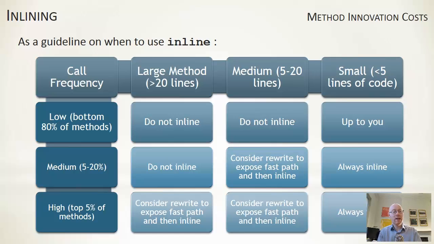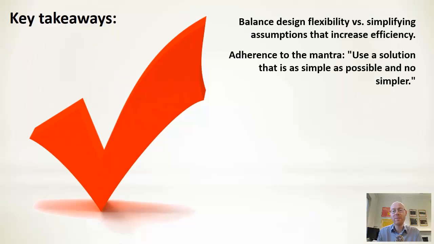Takeaways, this really rounds up our section on performance. A decent couple of ones to round this off. So balance design flexibility versus simplifying assumptions that increase efficiency. Sometimes you do need to increase efficiency, but invariably it is not free.